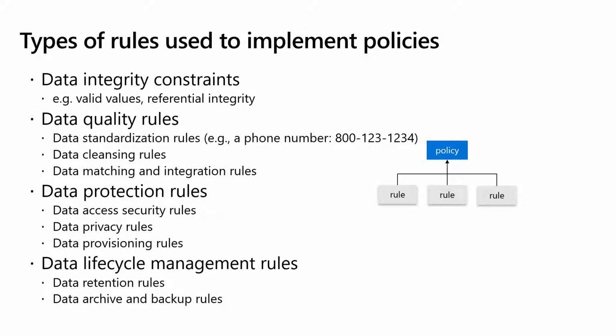For data quality rules, we'd want to ensure that data falls into a known set of valid values and meets standardization rules. So for example, if we would like to have a data quality rule on a US-based phone number, we would typically have an area code, a prefix, and then a line number. We know it must consist then of 10 digits, so we can define valid values that reject or remediate invalid numbers.